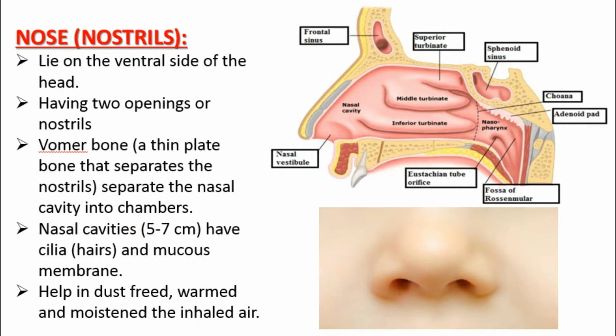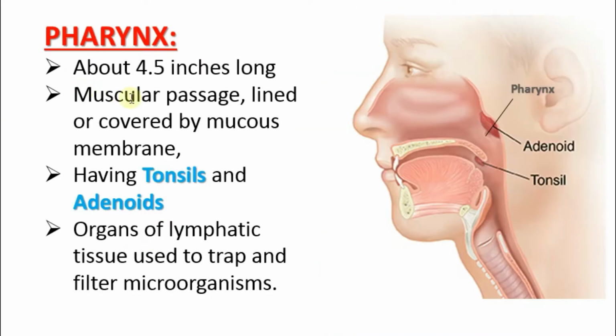After the nose or nostrils, the pharynx starts, which is about 4.5 inches long, a cone-shaped structure having two important organs called adenoids and tonsils.